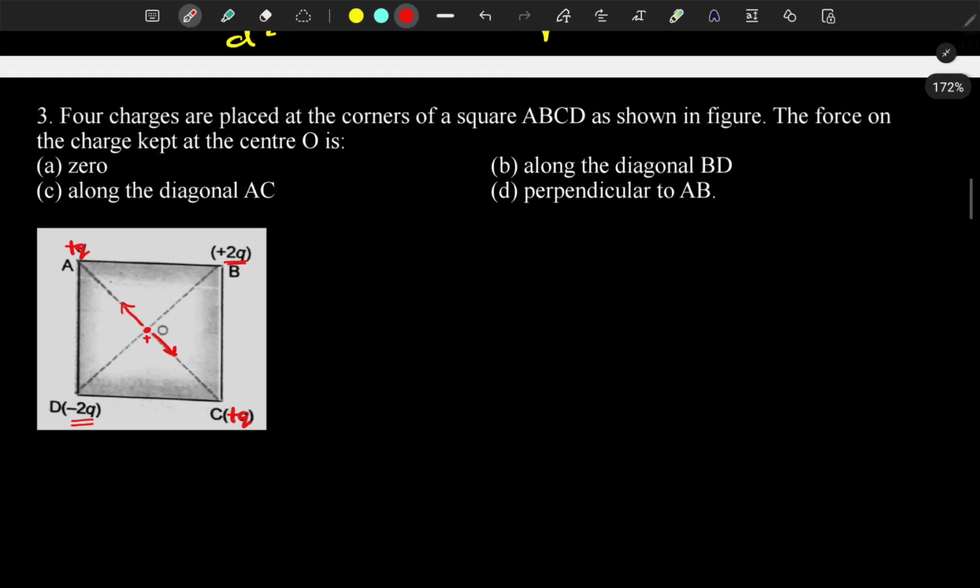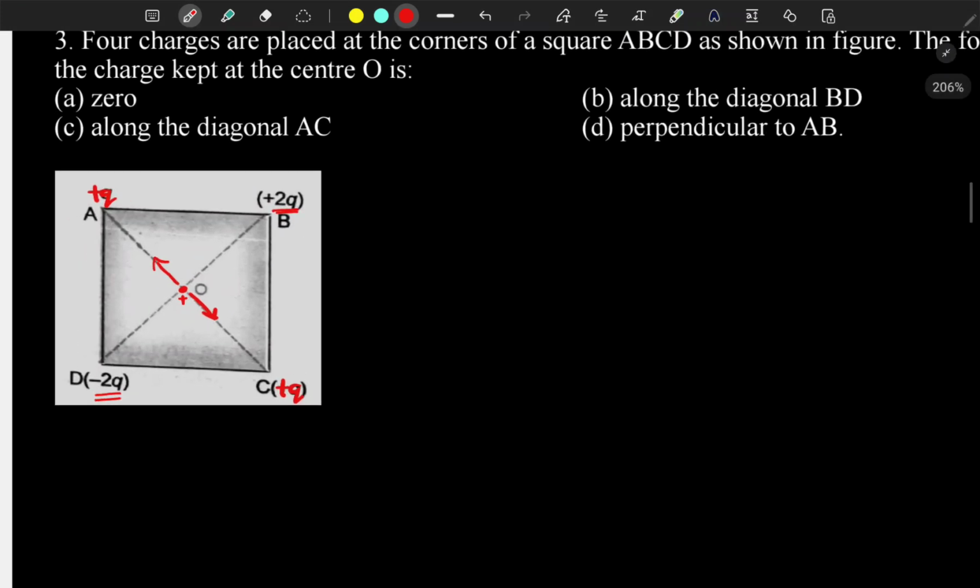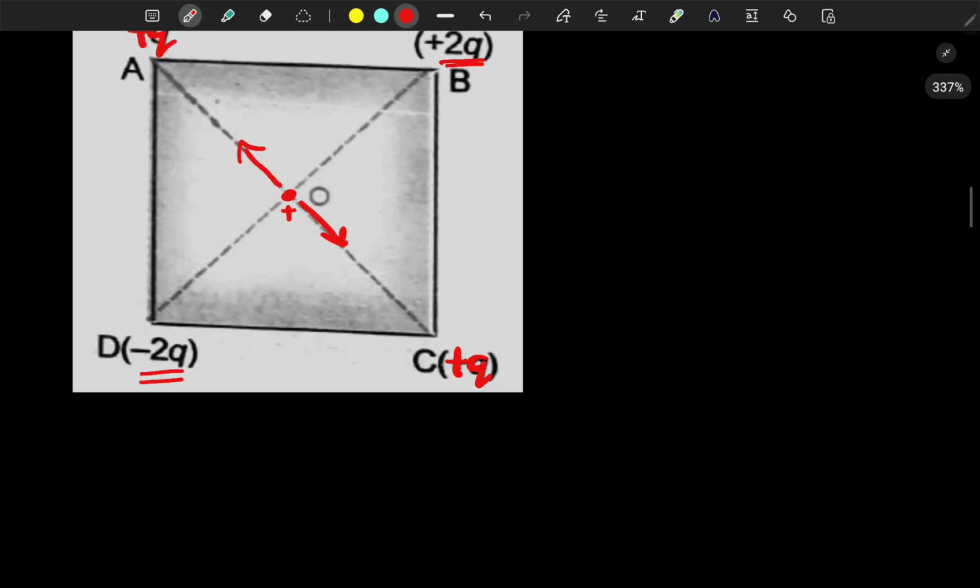The charge placed at O is not mentioned, right? So maybe it is a negative or positive charge. Let's consider it is a positive charge.